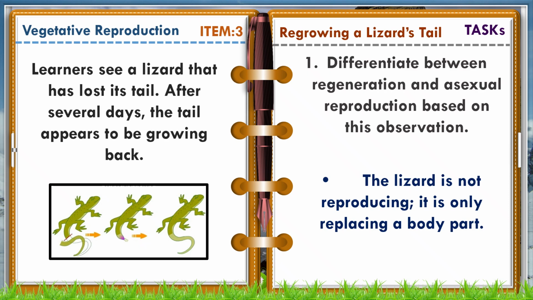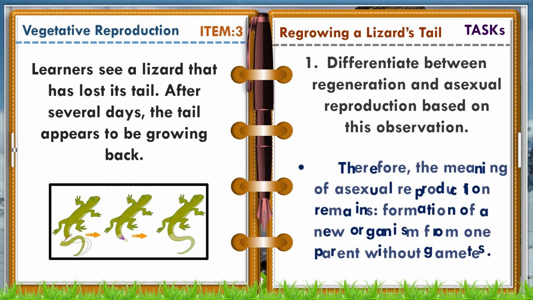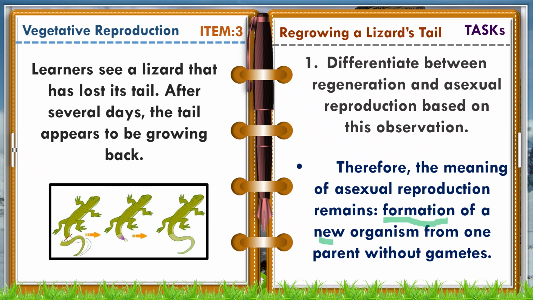The lizard is not reproducing. It is only replacing the body parts. Therefore, the meaning of asexual reproduction remains the formation of a new organism from one parent without gametes.